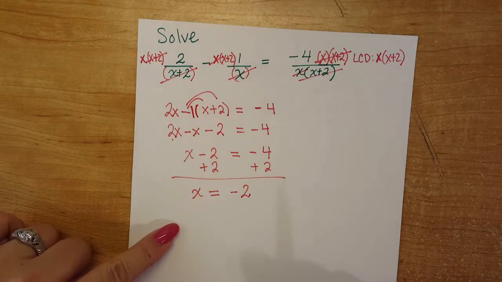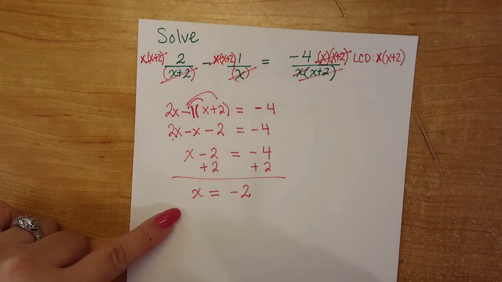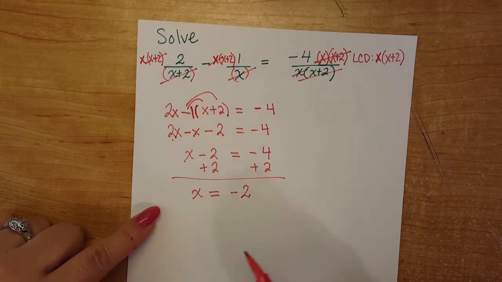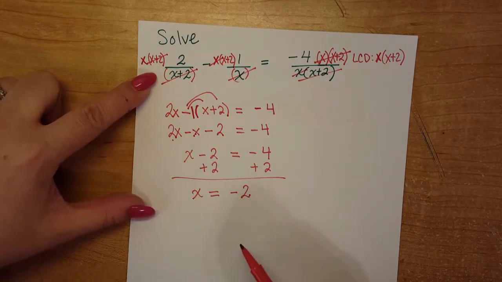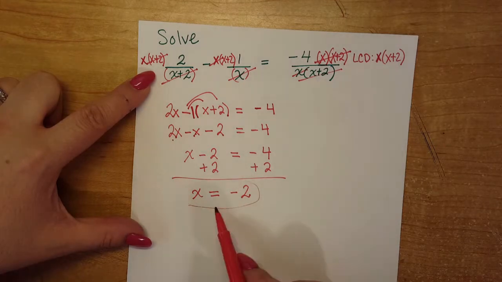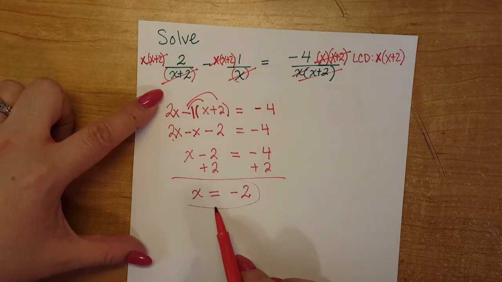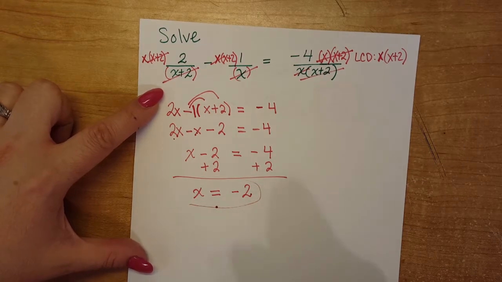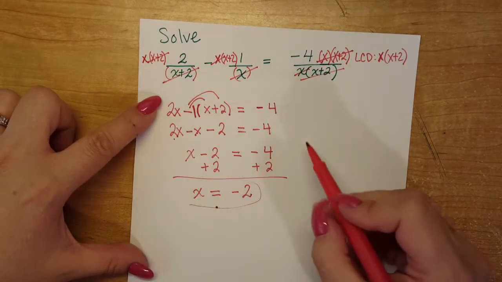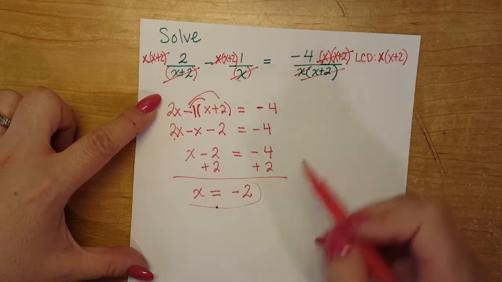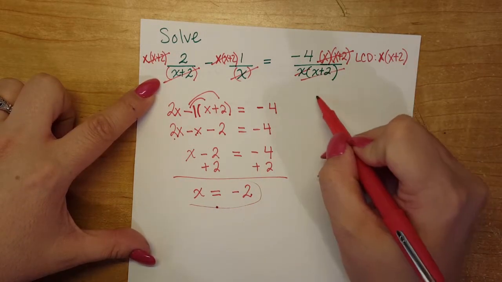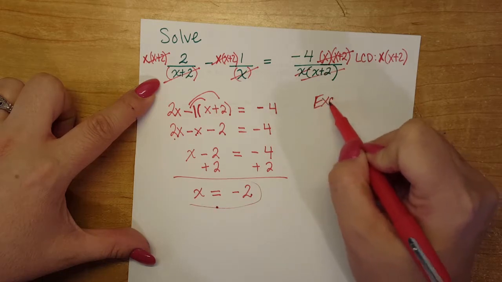Once you get your answer, you have to check that your answer is an actual solution to your problem. Because you're dealing with rational equations, this answer could be what we call an extraneous answer. In other words, every denominator should not equal 0. So we could write out what our excluded values are.